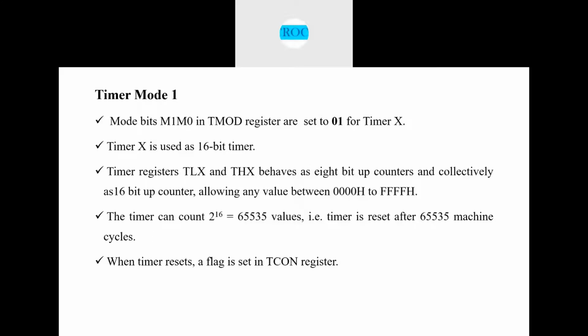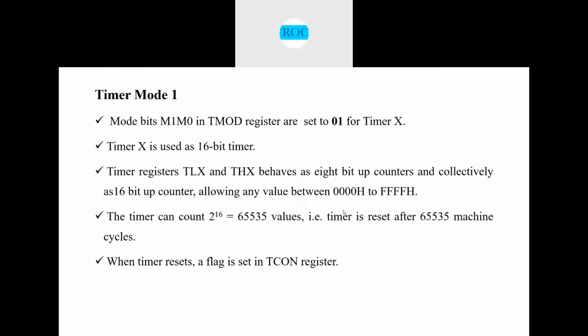The next one is timer mode 1. In mode 1, all the 16 bits are used to count the number of clock pulses.